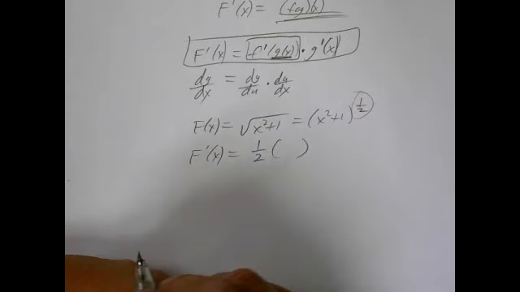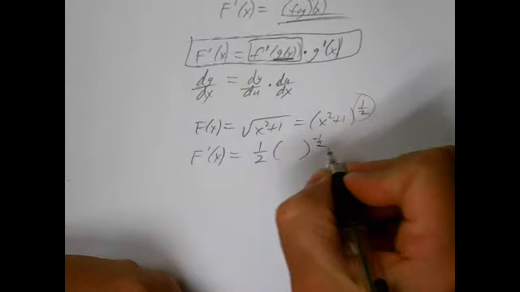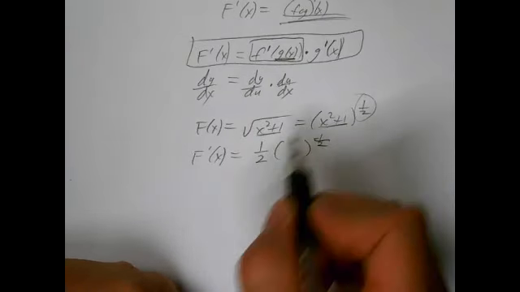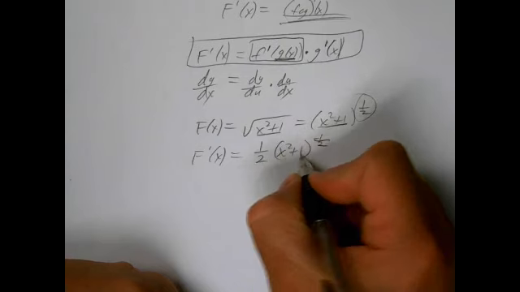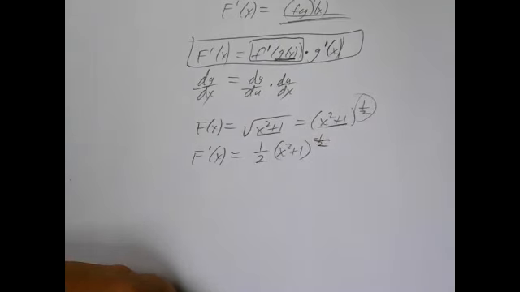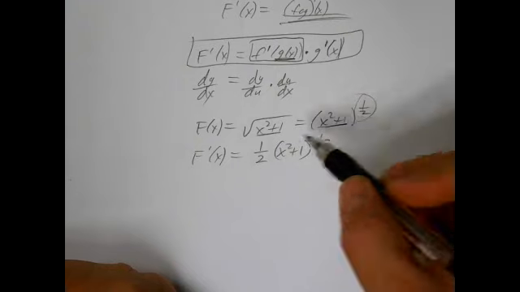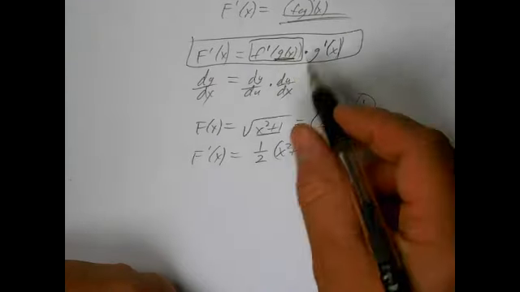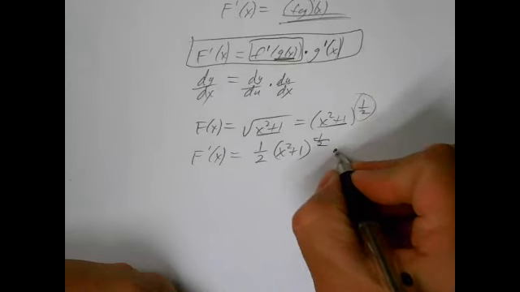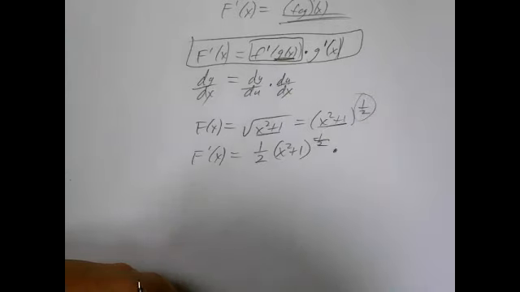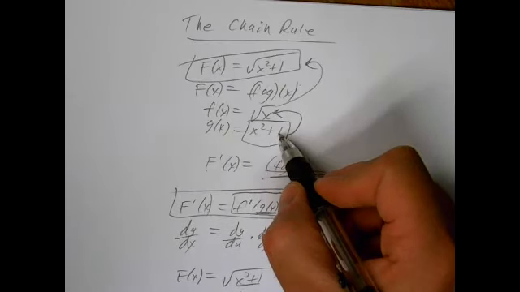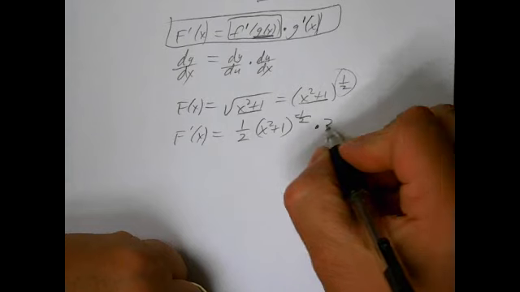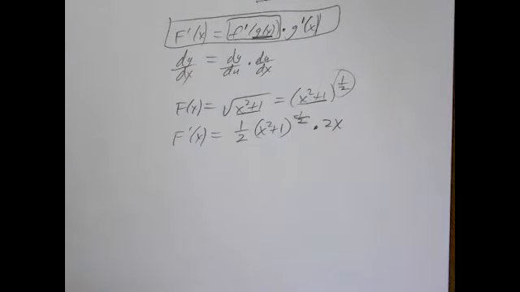The 1/2 gets reduced by 1 and becomes a negative 1/2. And the chain rule says that the function that was inside gets copied over. So this is the f prime of g portion. The chain rule then goes on to say you must multiply by g prime. And g is the x squared plus 1 that was on the inside. So g prime will be a 2x.